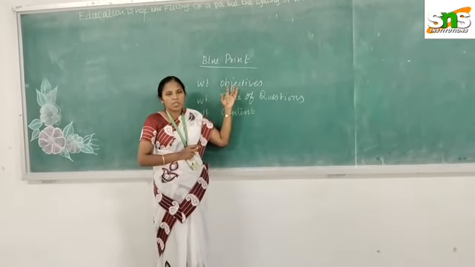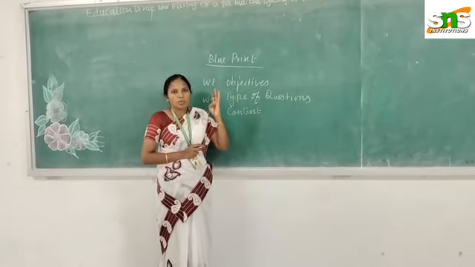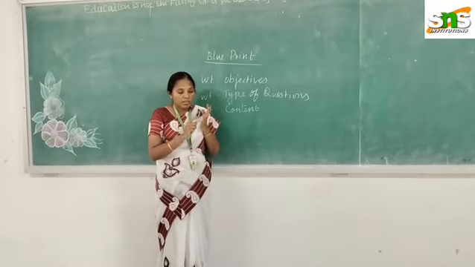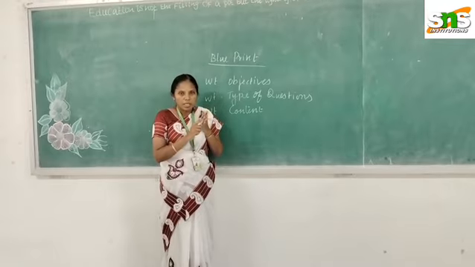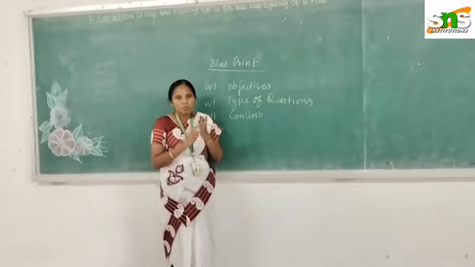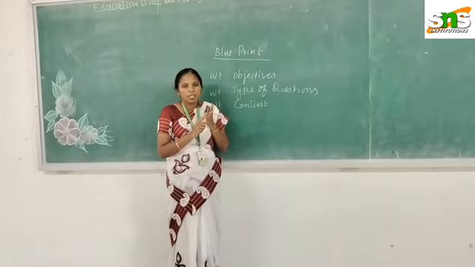Weightage to the objectives means you have to keep in mind the four objectives: knowledge, understanding, application and skill. These are the four main objectives to keep in mind when you are preparing the question paper.